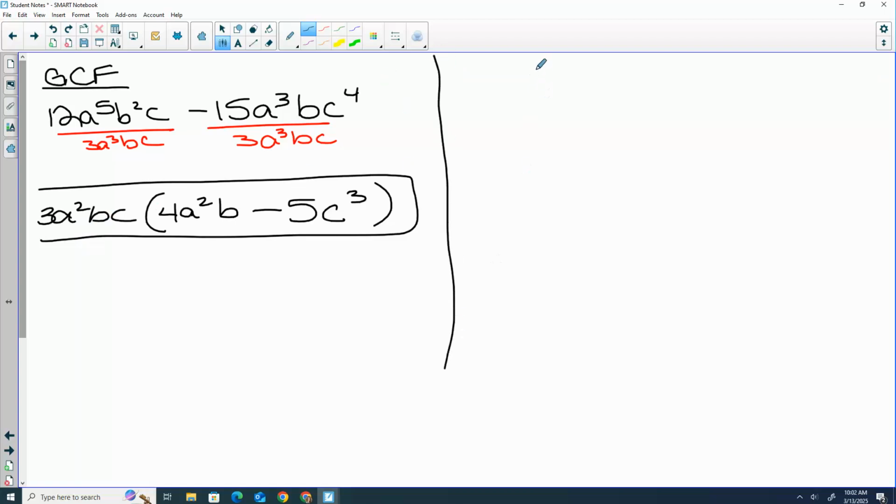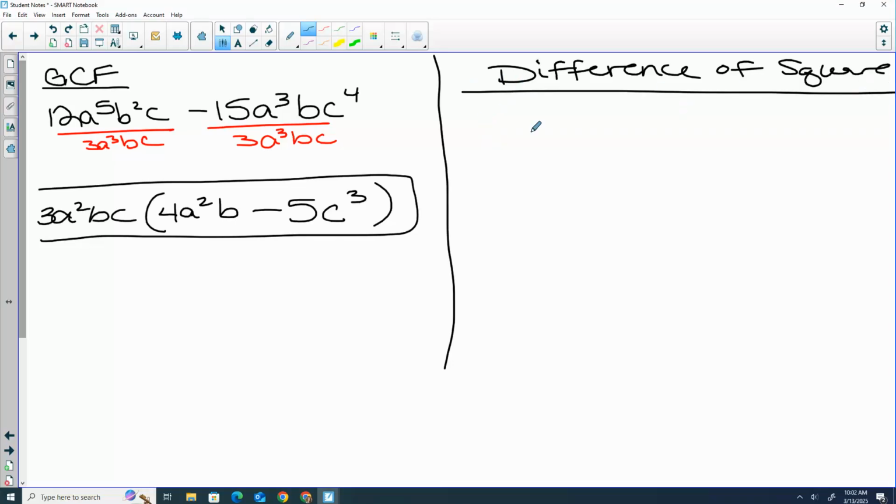Okay. The other thing that we haven't reviewed in a while, difference of squares. So let's say I gave you something like 200x squared minus 18y squared.